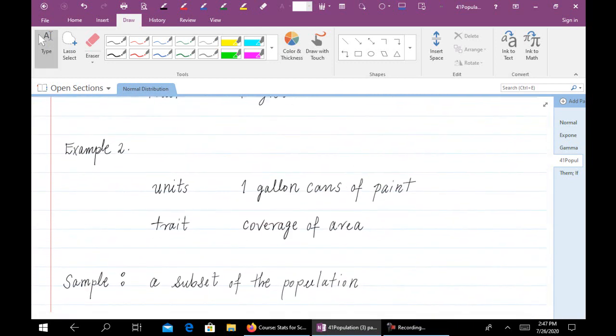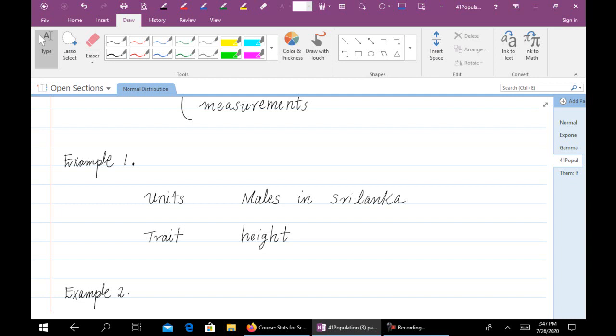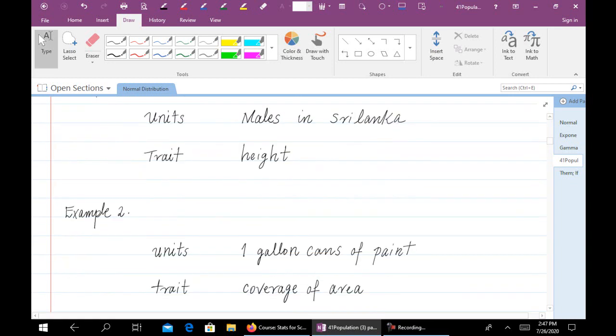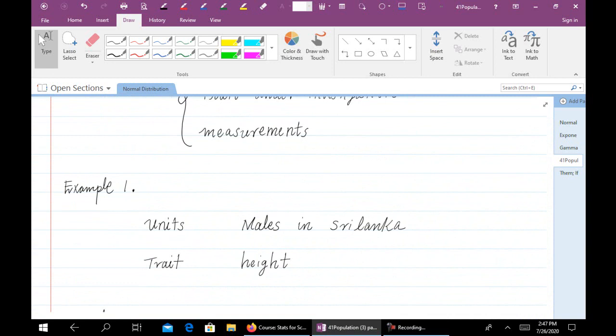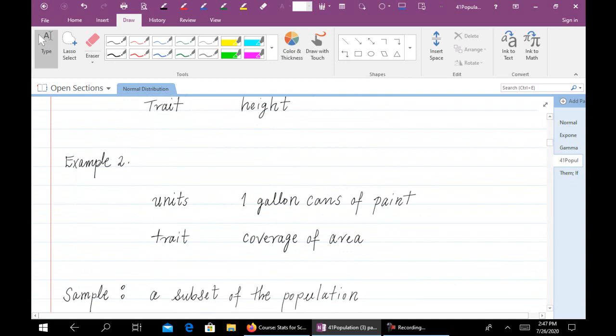So you pick 500 males in Sri Lanka, and then you measure their heights, and then you take their average height. Well, that's a sample mean. So that's a sample statistic. Or you can also calculate the variance for the measurements of height for the 500 males in the sample, and that's also a sample statistic.